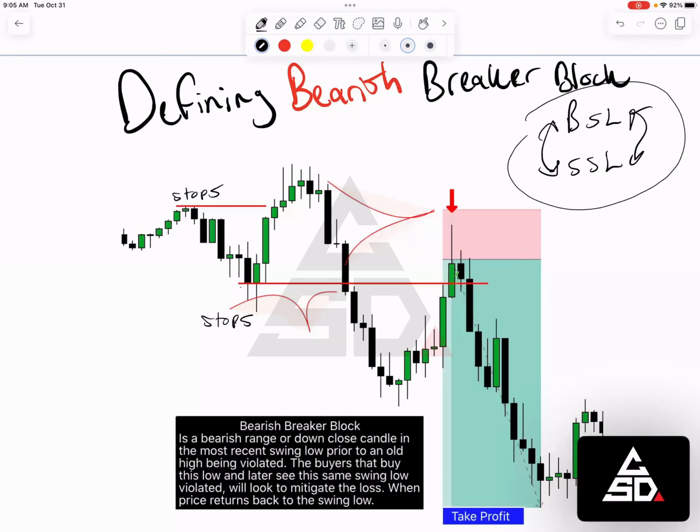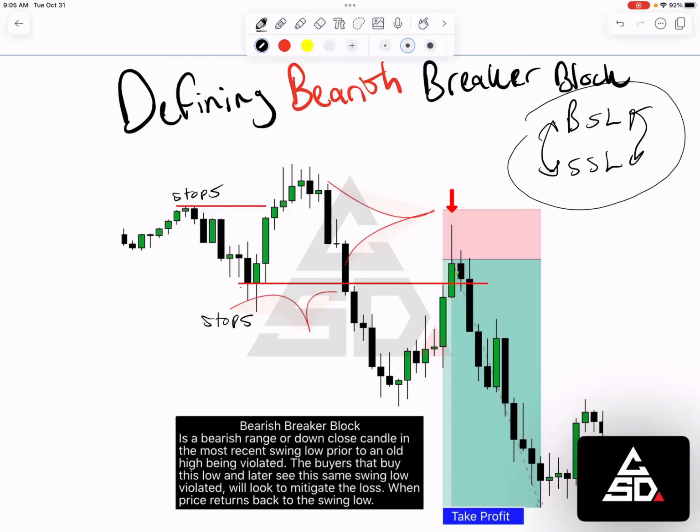The definition of a breaker, this is the actual SMC term: a bearish breaker is a range or down close candle in the most recent swing low prior to an old high being violated. The buyers that buy this low and later see the same swing low violated will look to mitigate the loss when price returns back to the swing.